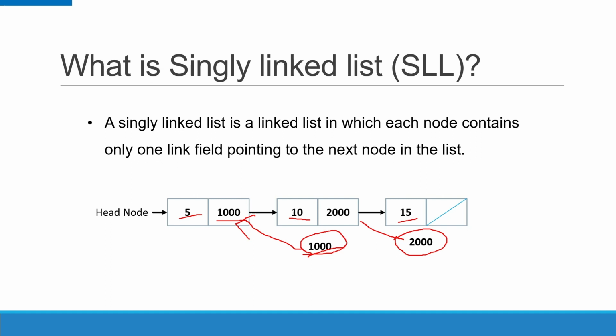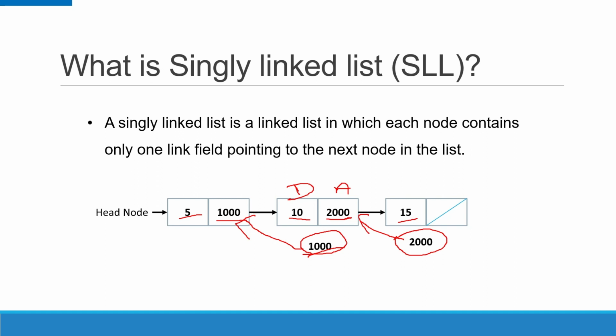In the next field of the previous node, that is, after 10. This is the data field and this is the address of the next node. So this 2000 represents the address of the next node.